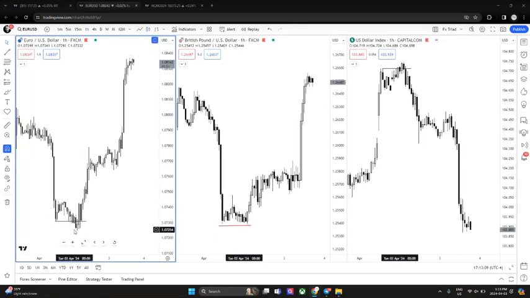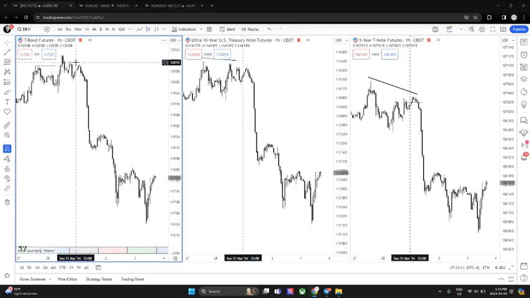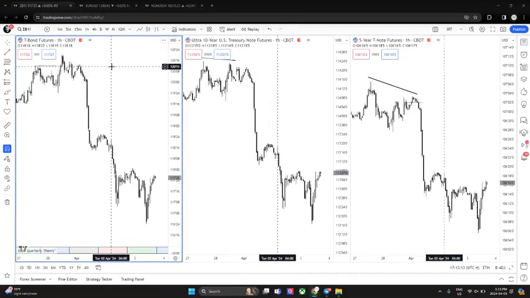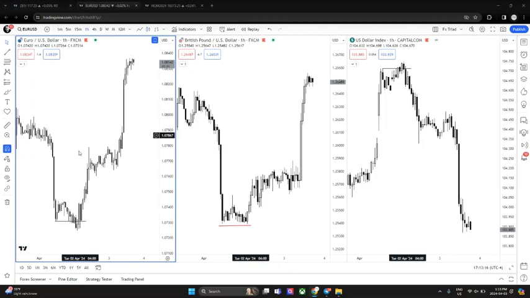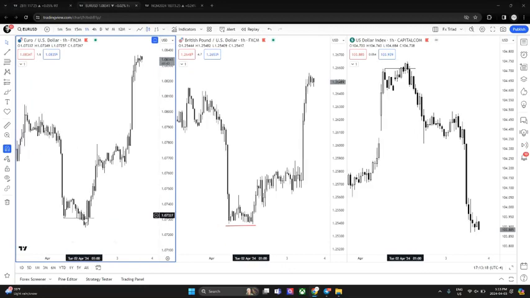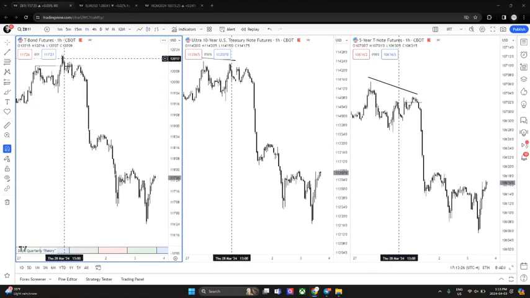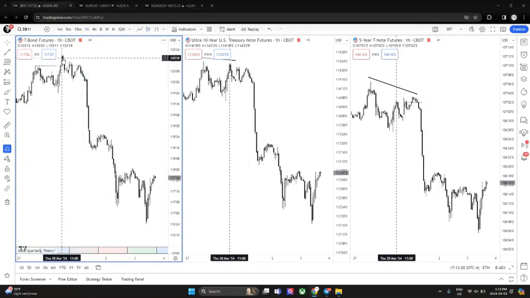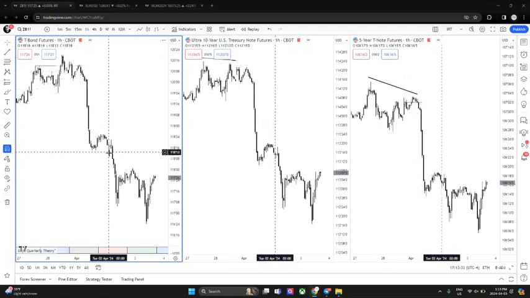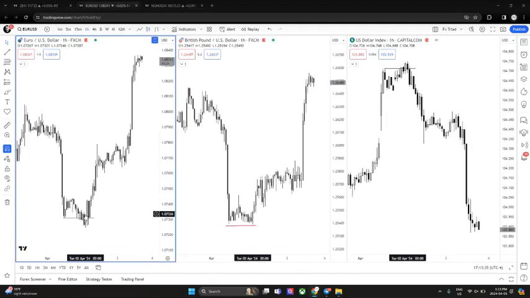So for example, here, we had SMT here, and we had SMT here, and we had SMT here. This was a ranging market, which showed that we could expect movement here before this even happened.